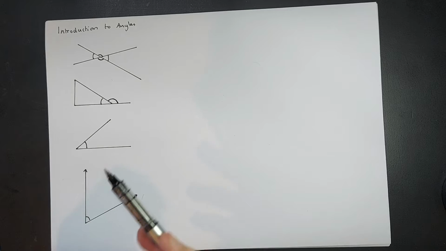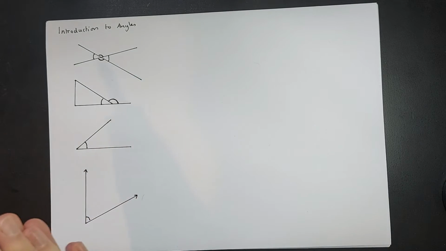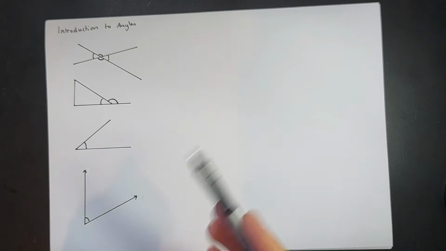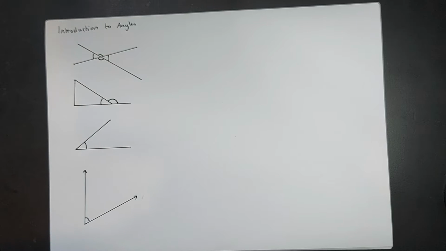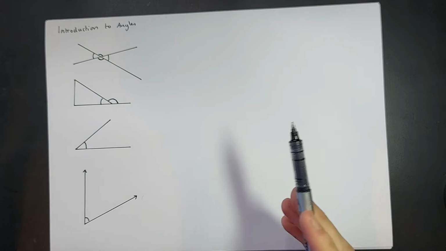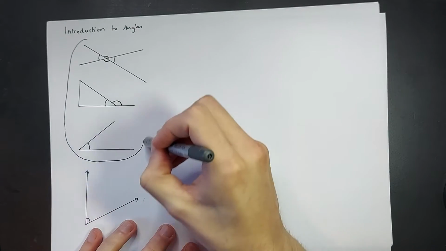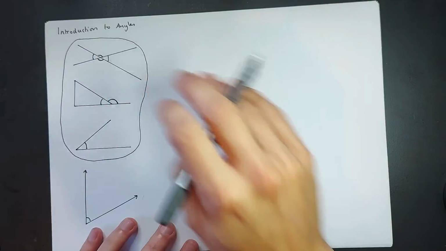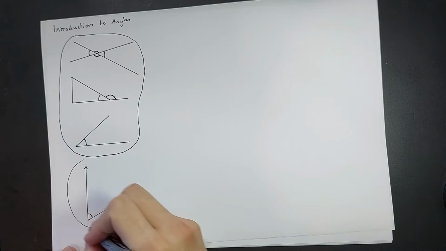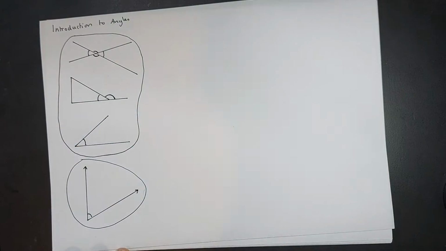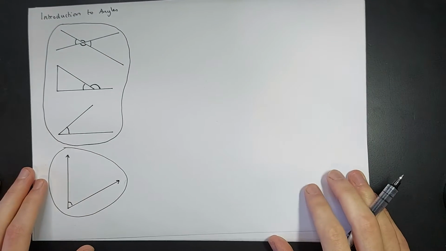Typically when you turn left or right, you're turning 90 degrees clockwise or anti-clockwise. So they're the two contexts: where straight lines meet, and a rotation happening. There are two ways you could be looking at angles.